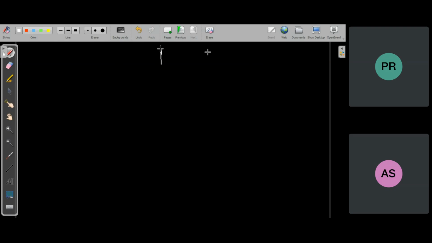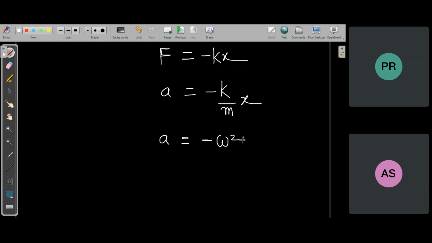Now I can write that if F is equal to minus kx, then by using Newton's law, acceleration will be equal to minus k by m into x. If you check dimensionally, this comes out to be minus omega square x, where k by m represents omega square, where omega is the angular frequency.